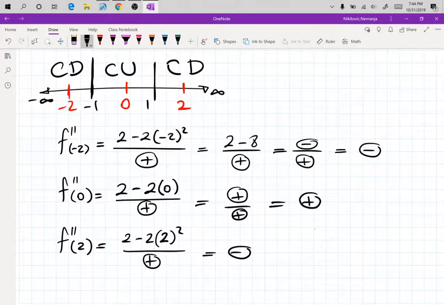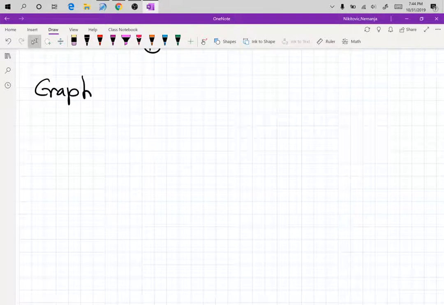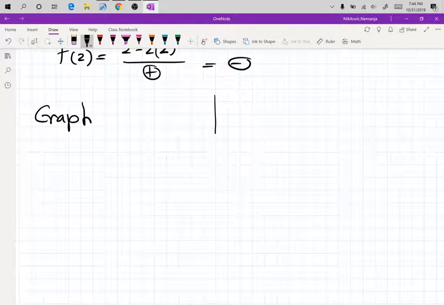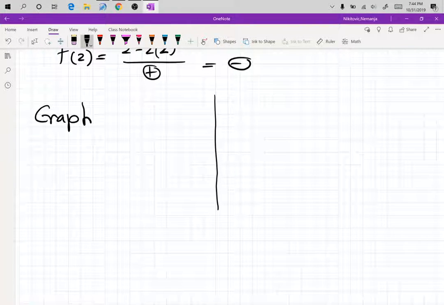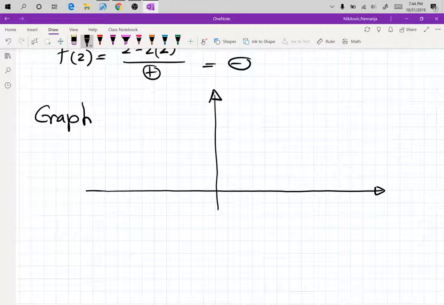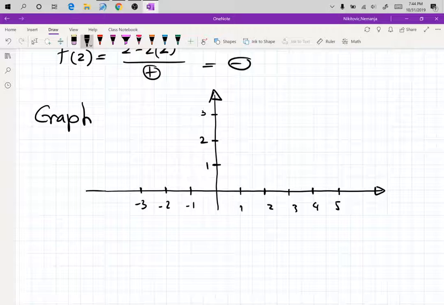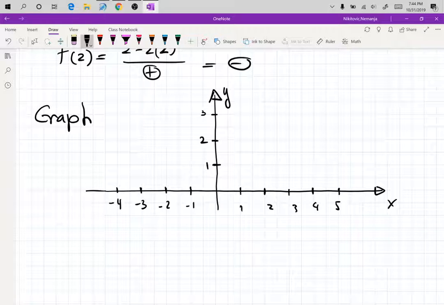Well, let's see. Graph. Draw big. I'm going to pick 2 squares to be 1 unit now. Okay, and what do I do next?